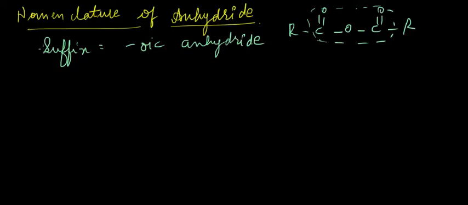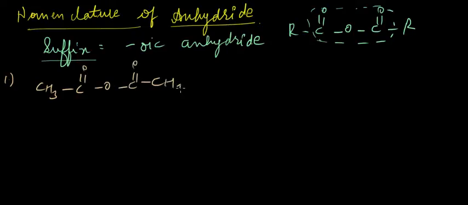Okay, so let's do some examples on the same to get a clearer understanding. So if we have something like this, then what would be the IUPAC name for this compound? It would be something called ethanoic anhydride.